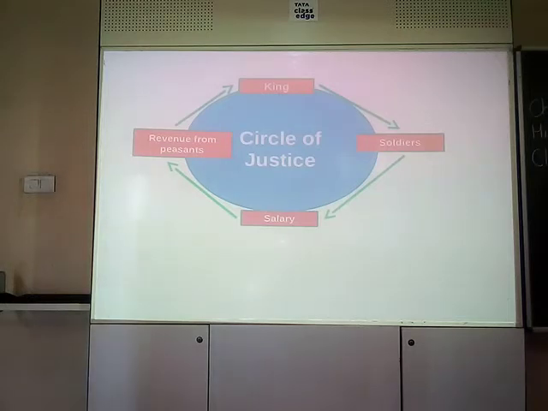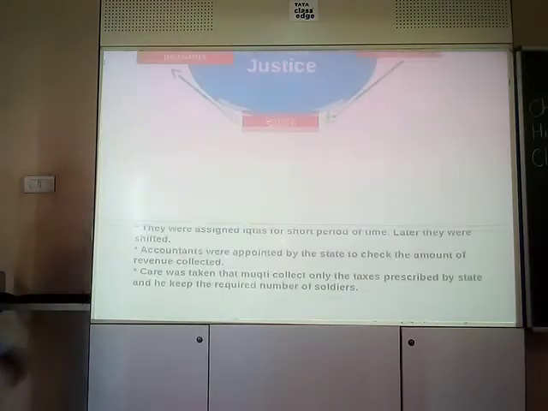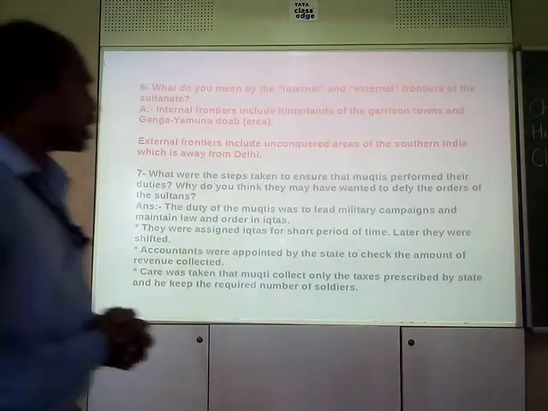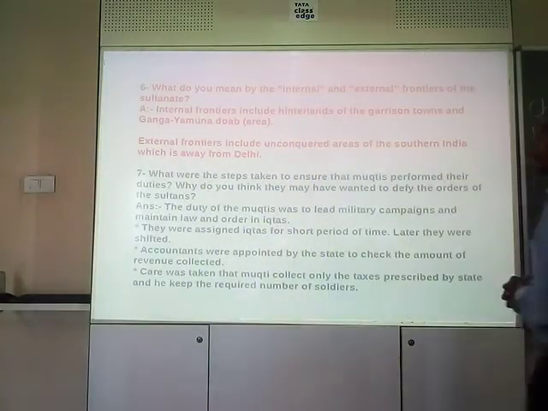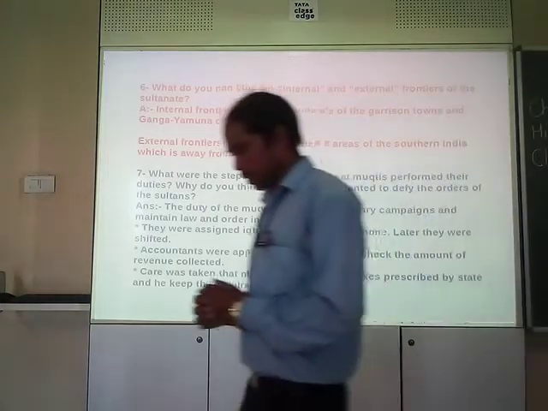So if you are making a diagram, make sure to explain it in a few words. Okay, clear? Shall we proceed? Now another question is, what do you mean by internal and external frontiers of the Sultanate?